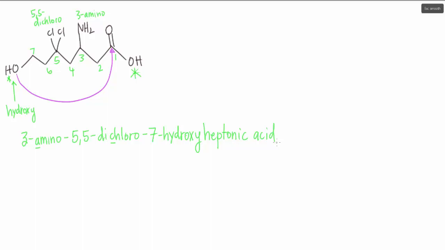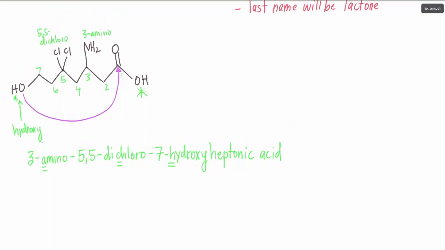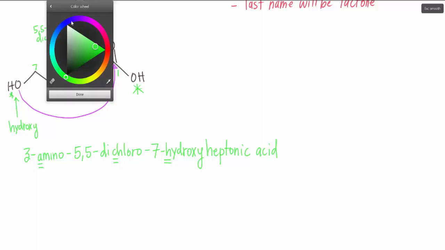So we have already learned how to name these molecules. We've already learned how to name carboxylic acids. Okay? So a carboxylic acid derivative through some acid catalyst reaction, I'm going to draw the corresponding lactone.